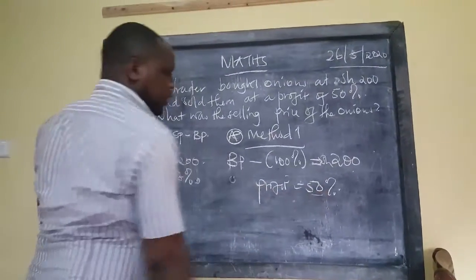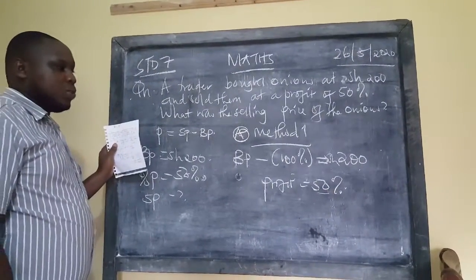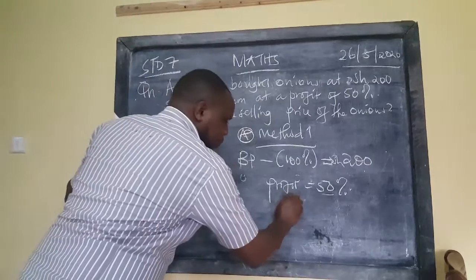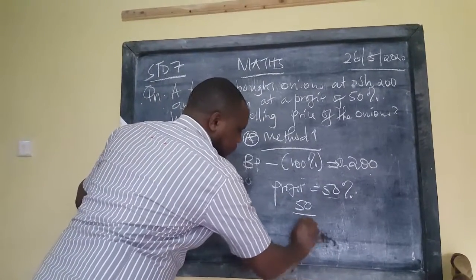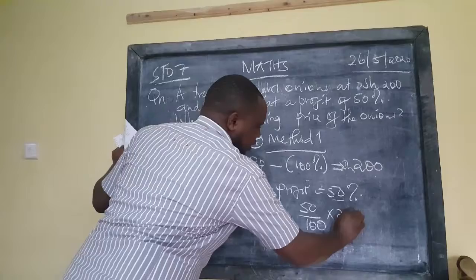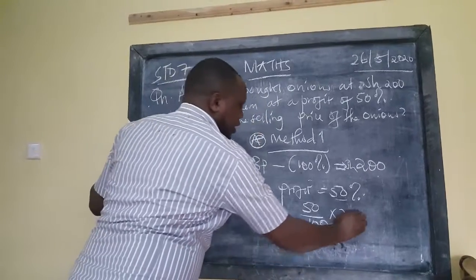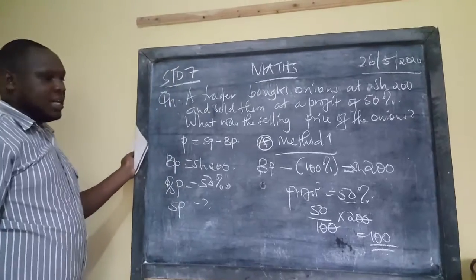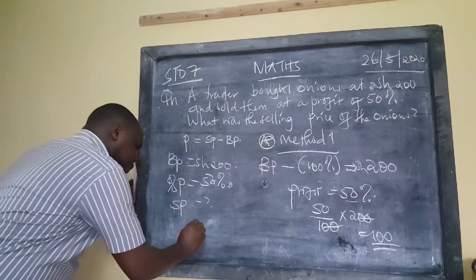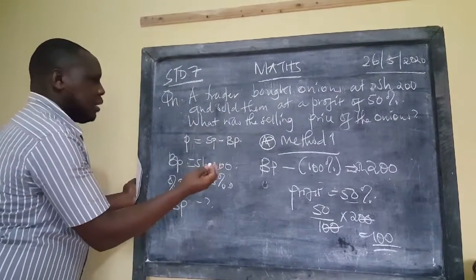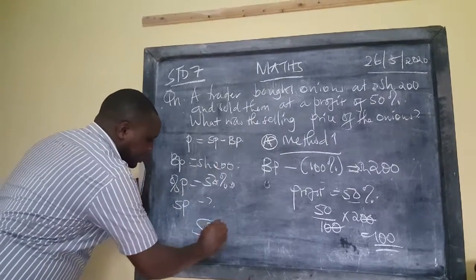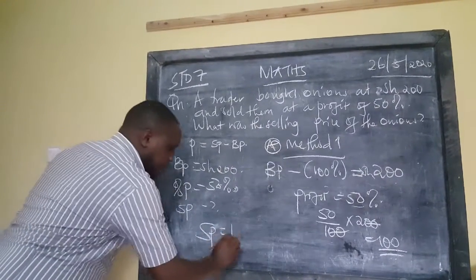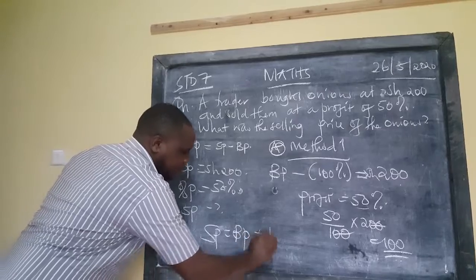And so we can look for this profit because we want the profit. What is the profit? The profit is 50% of 200 shillings, and that will give you 100 shillings. So the profit is 100 shillings. What we want is the selling price. Selling price is equal to buying price plus the profit.